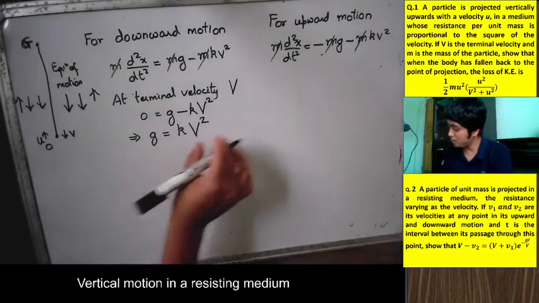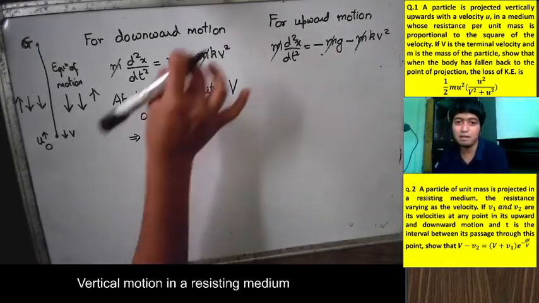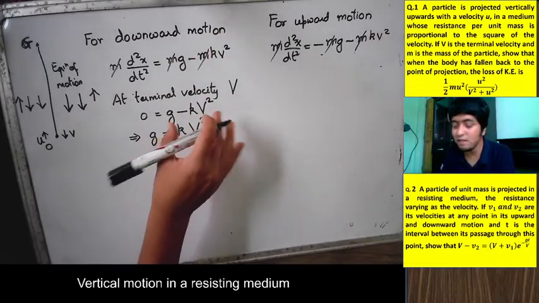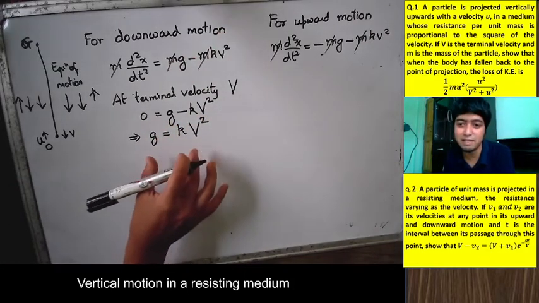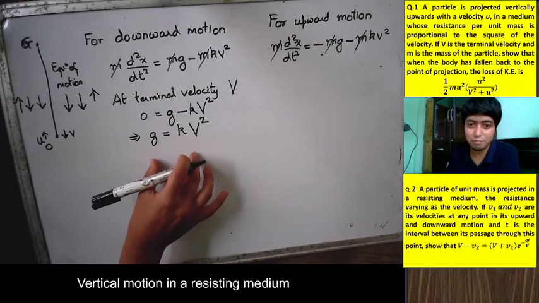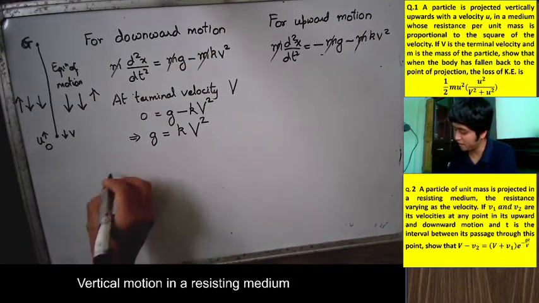This one we can use over here, and we can as well use it over here, because the terminal velocity is always calculated by using the downward motion. So now we will substitute this one over here.